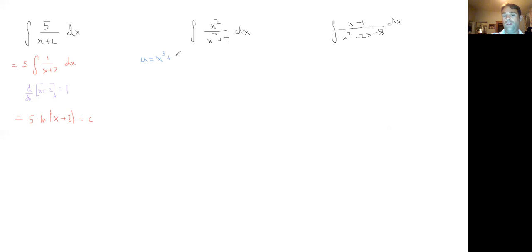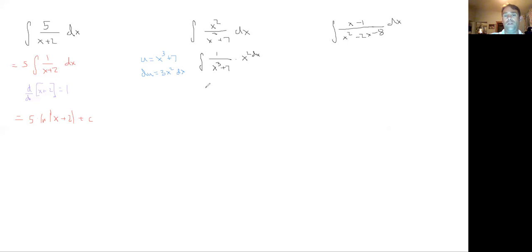So if I let u be x cubed plus 7, that means du then is 3x squared dx. So one of the ways I can look at this then is as 1 over x cubed plus 7 times x squared dx.